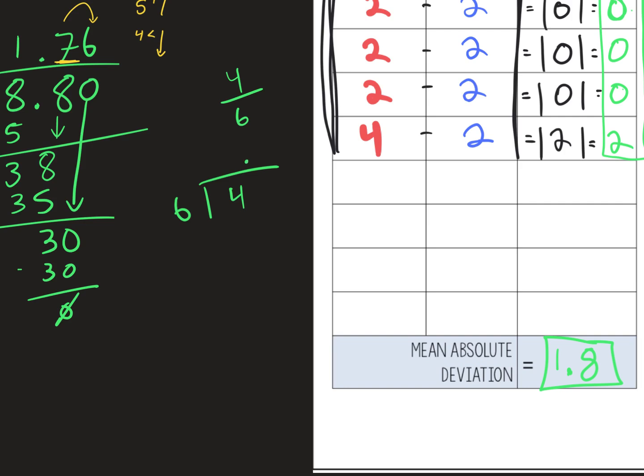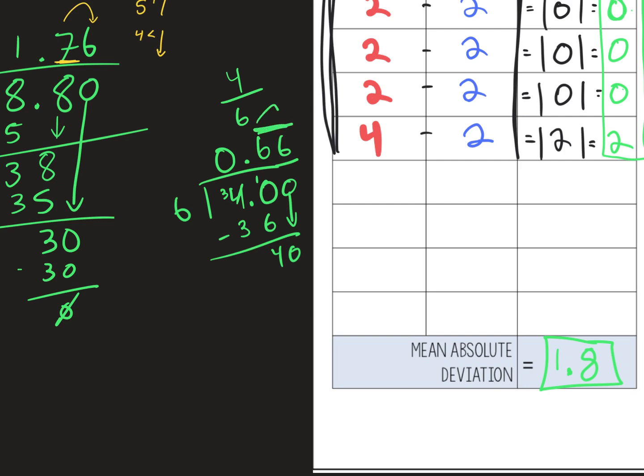I can't do anything there, so I have to put a decimal point and a 0. So it would get me 0. And then 6 can go into 40 6 times, which would get me 36. And I have to borrow, so that would get me 4. And I have to drop again, and I'm going to keep getting 6.6666 all the way down, so it'll be repeating.